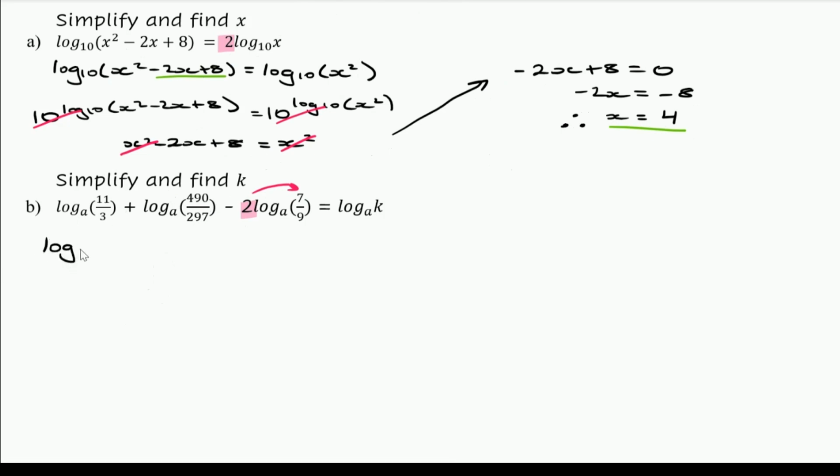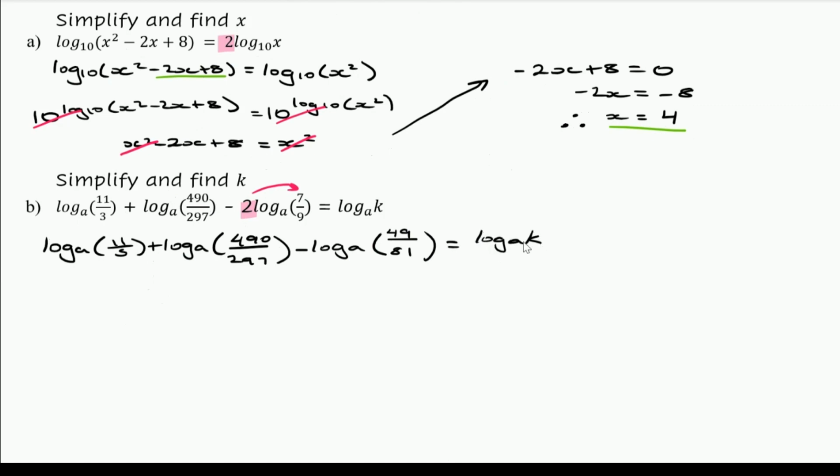So rewriting this gives me log a of 11 over 3 plus log a of 490 over 297, take away log a of 7 squared, which is 49, over 9 squared, which is 81. And of course, this is all equal to log a of k.